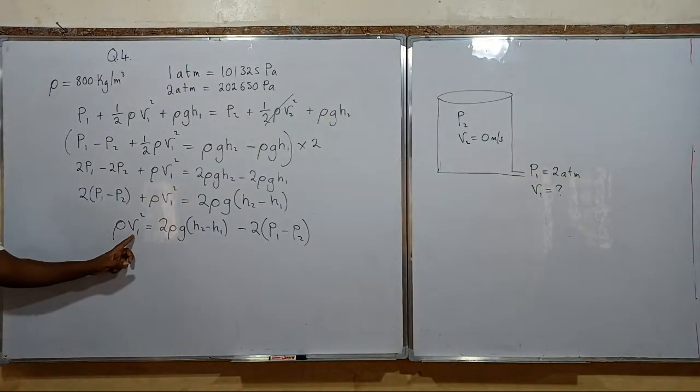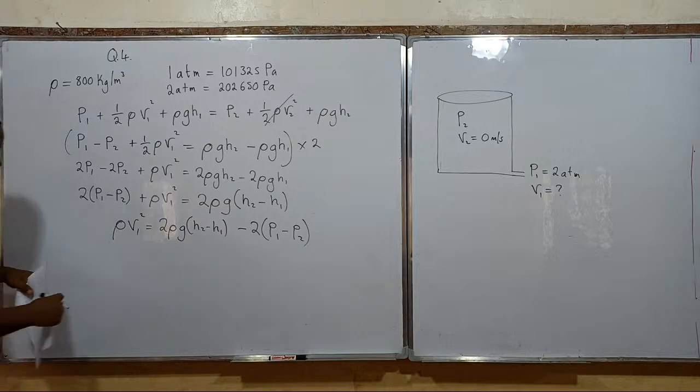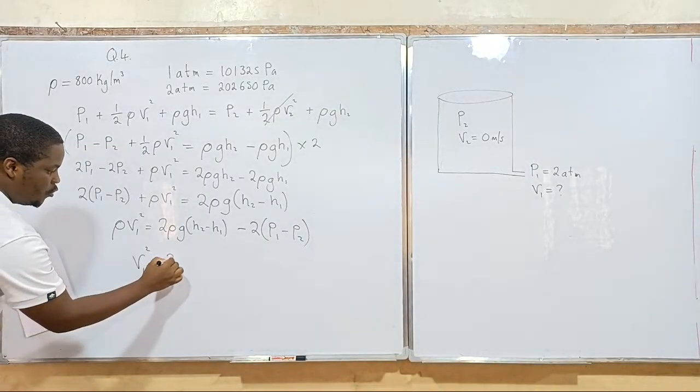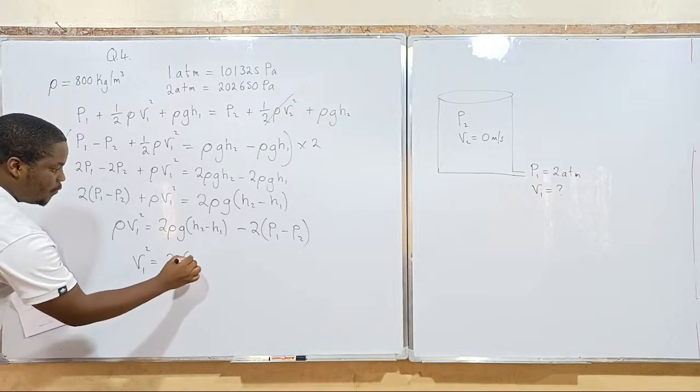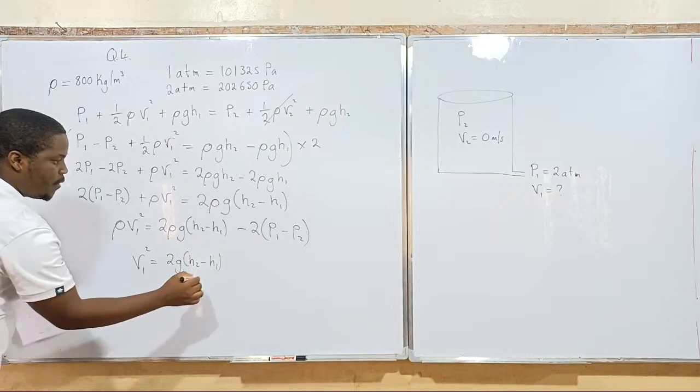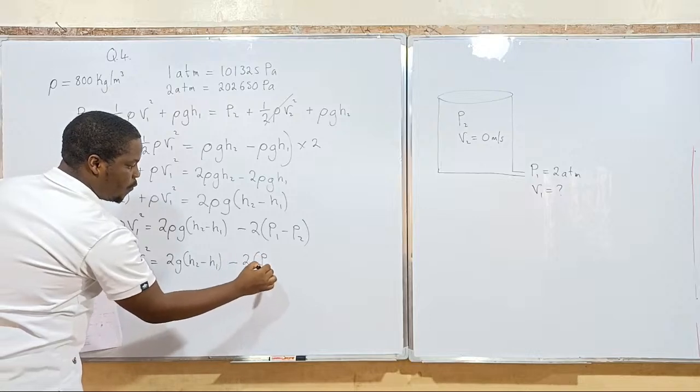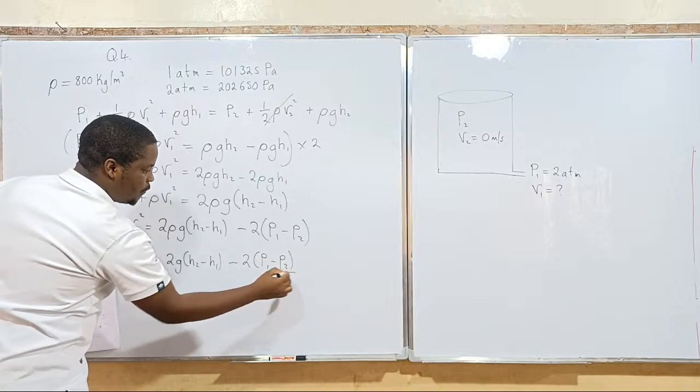We're making velocity the subject of the formula. What will happen if we divide throughout by rho? This is what will happen. So v1 squared is equal to 2g, minus 2 p1 minus p2 divided by rho.